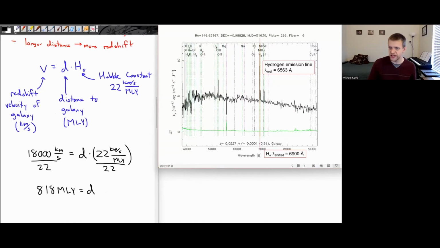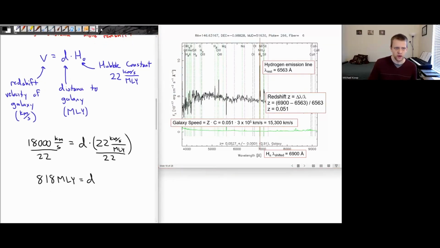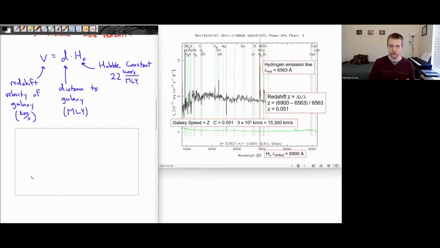Okay, so in this case, we can measure, well, how much has that wavelength shifted? We get that redshift, and we can figure out, yeah, we said this was around 15,300 kilometers per second for the speed that this galaxy is moving at. So if I want to find out how far away this galaxy is, now we use Hubble's law.